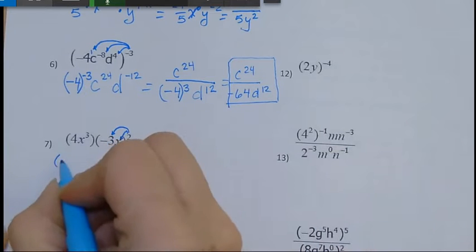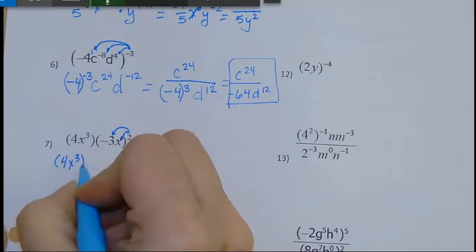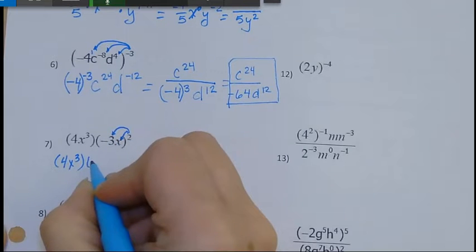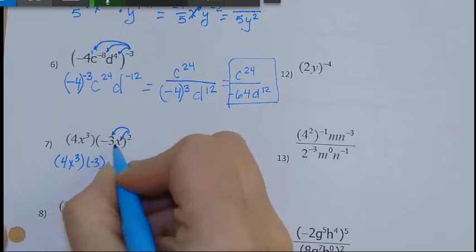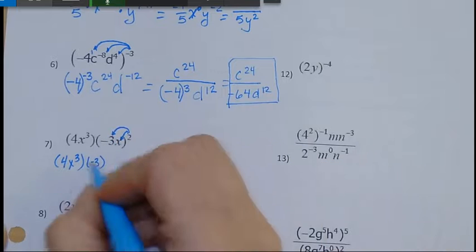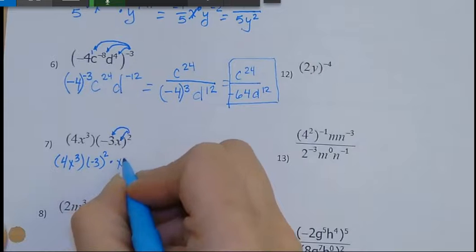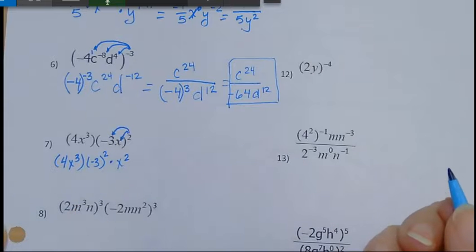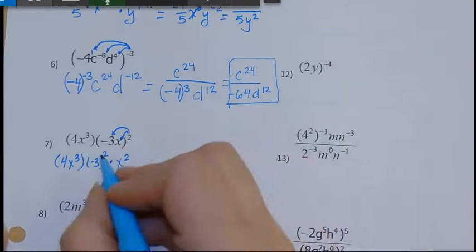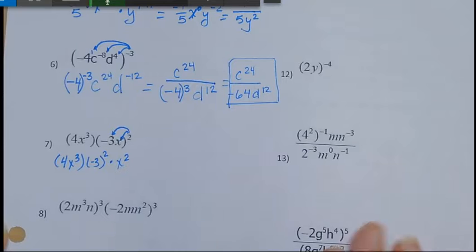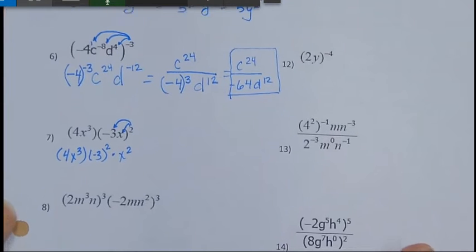So I'm just going to bring down 4x to the third. I can't do anything with that yet. And then I have, remember, negative 3 is going to be in parentheses because it is already in parentheses. So it is the quantity negative 3 squared times the quantity x squared. If you need to prove that to yourself, expand that out and see what you get. You'll see that you get positive 9.